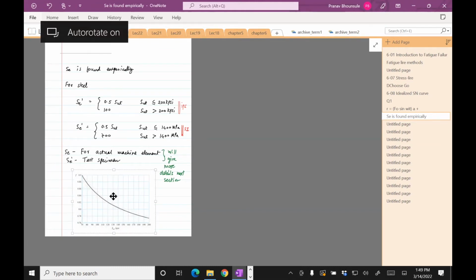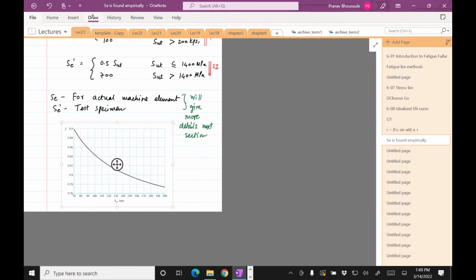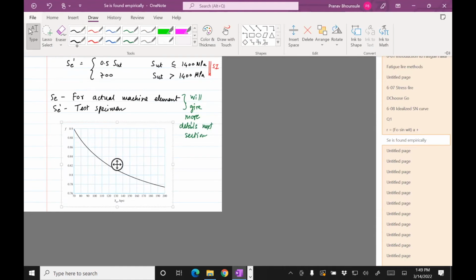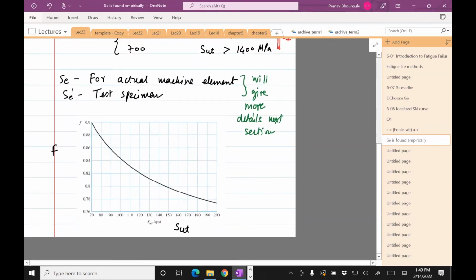Sorry about this, but this is the curve for F. F is a function of SUT. So if you're given SUT, you can just look at the curve and predict what F is. Again, this is empirically obtained.